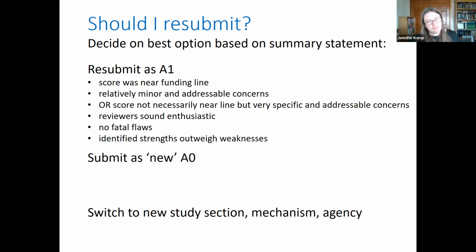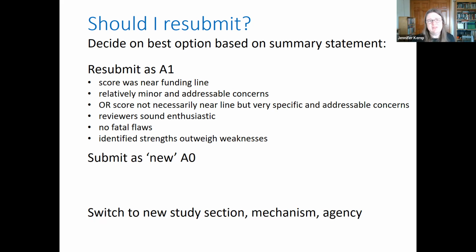So when would you decide to go ahead and resubmit as an A1? If you have a score that's quite good and relatively near the funding line, this might be a good option for you. If the concerns that the reviewers brought up are relatively minor and you think they're pretty addressable, or even if your score wasn't necessarily close to the funding line, but you had very specific concerns that you think are addressable, this might be a situation in which you could go ahead and resubmit.